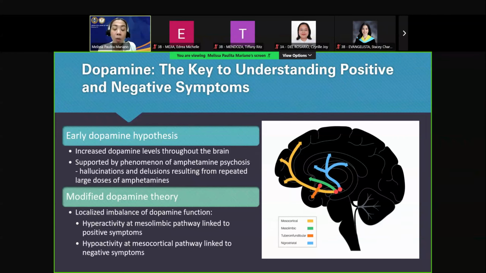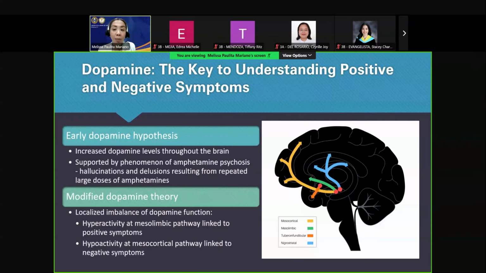In the mesolimbic pathway, there is still going to be a significant increase in dopamine, and this is the one that accounts for the positive symptoms of schizophrenia, the delusions and the hallucinations. And it's easier for us to remember this because positive symptoms mean high dopamine levels in the mesolimbic area of the brain.